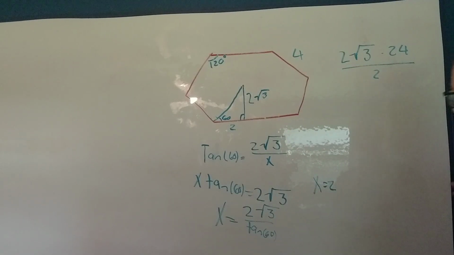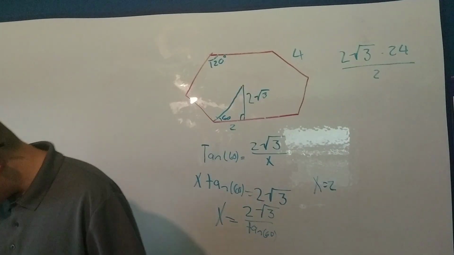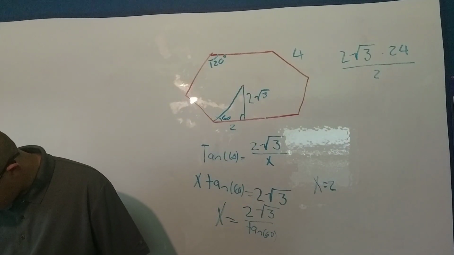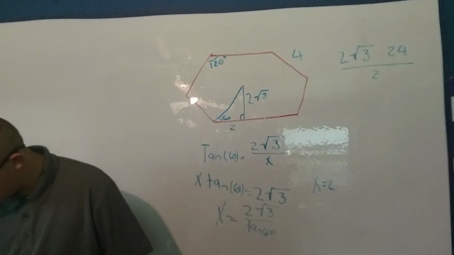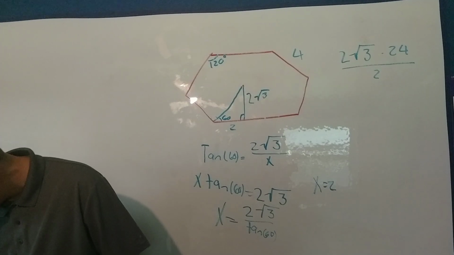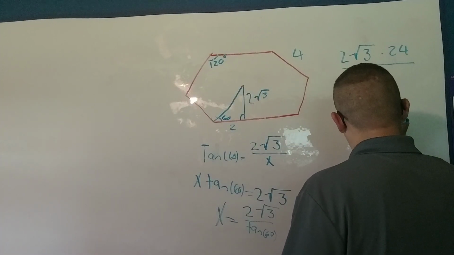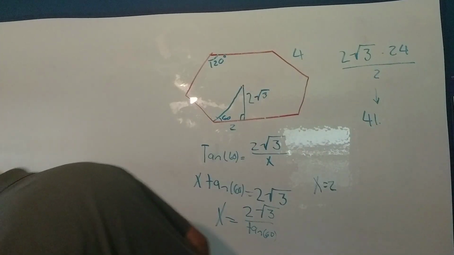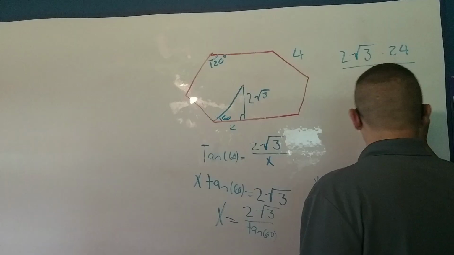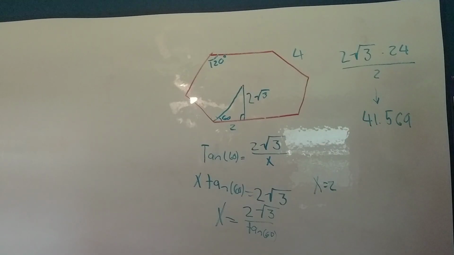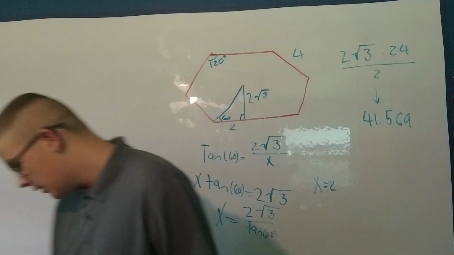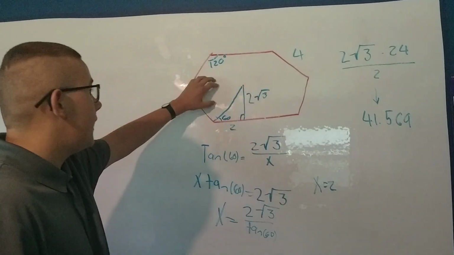And then if you work that out, I don't know that off the top of my head, but if we do 2 root 3 times 24 over 2, that is 41.569. And that is the area on this one. Right? 41.569. And that is the area of this shape here.